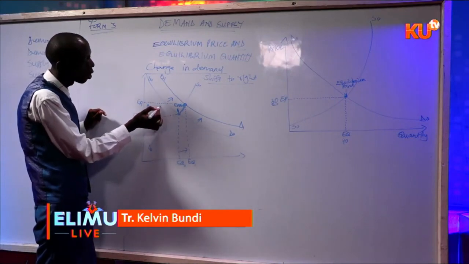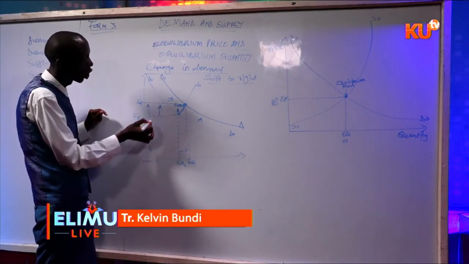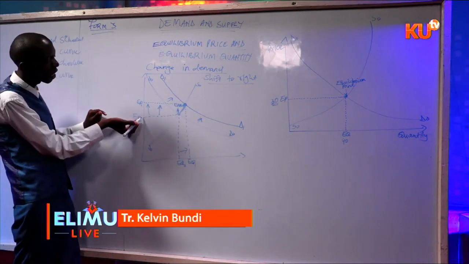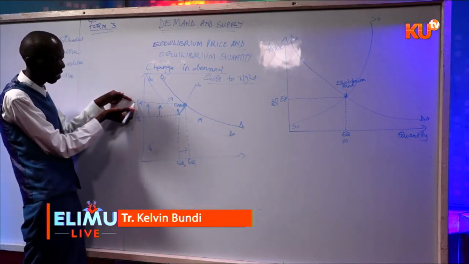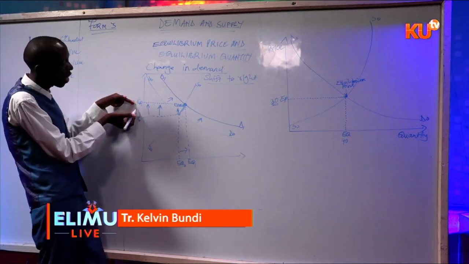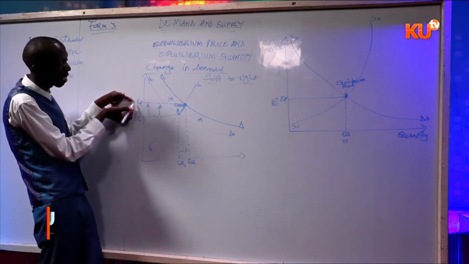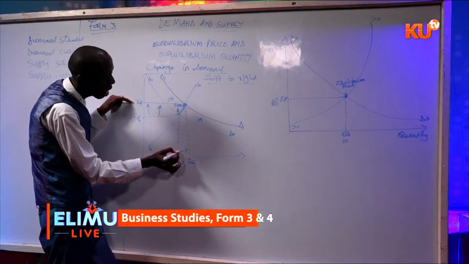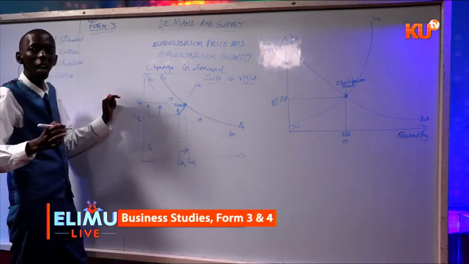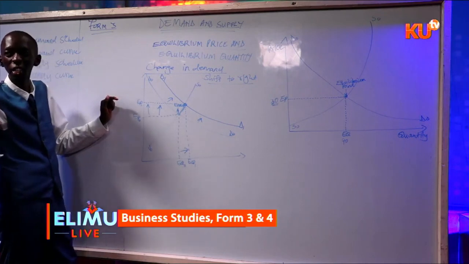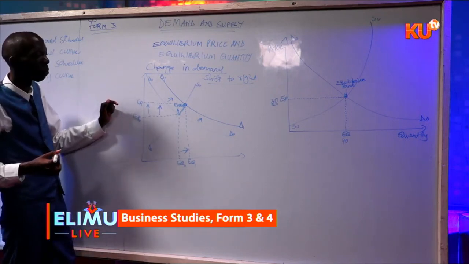That's why the equilibrium price is shifting upwards, showing that there is an increase in the price of the product in the market. As a result of the increase in the price of the product in the market, the supply of the product will increase. Remember, supply increases with the increase in price.